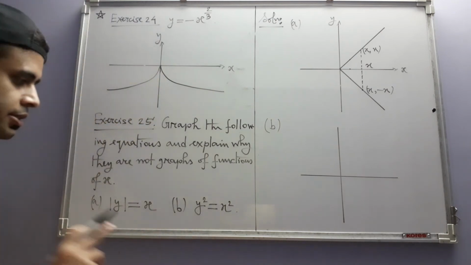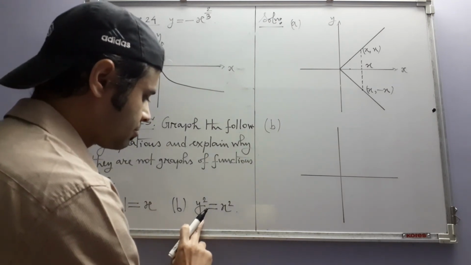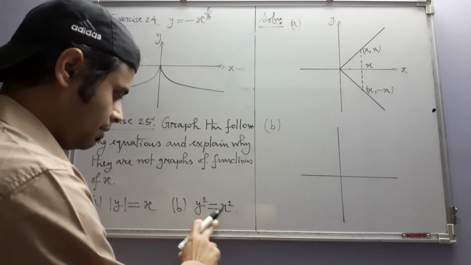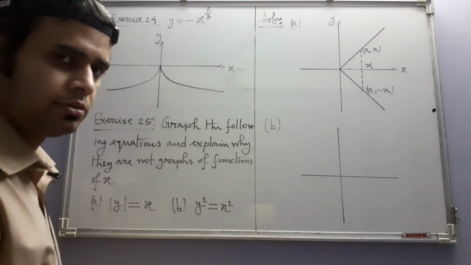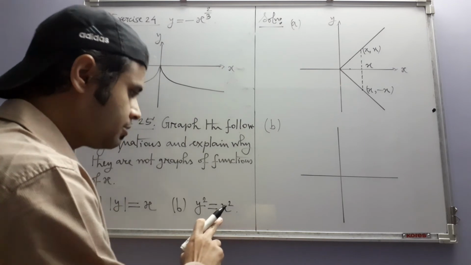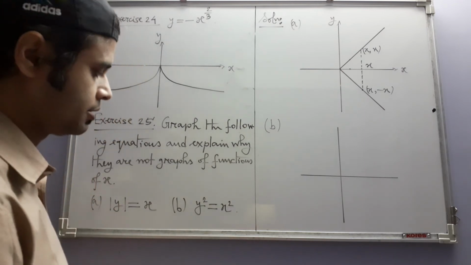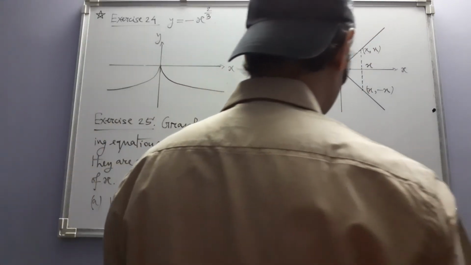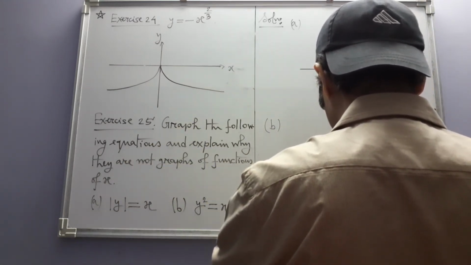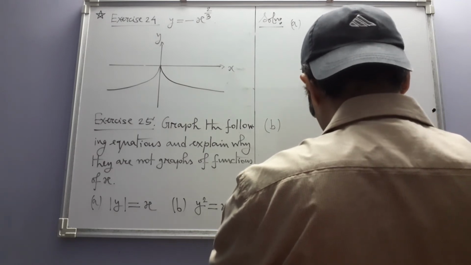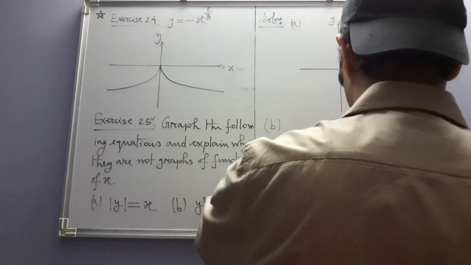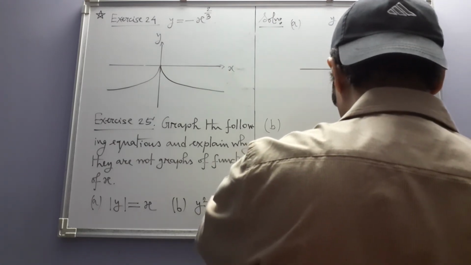This equation is equivalent to what? Y square minus x square equal to 0 or y plus x times y minus x equal to 0 or y is equal to x and y equal to minus x. So the graphs, or rather the single graph in this case is the pair of these straight lines.